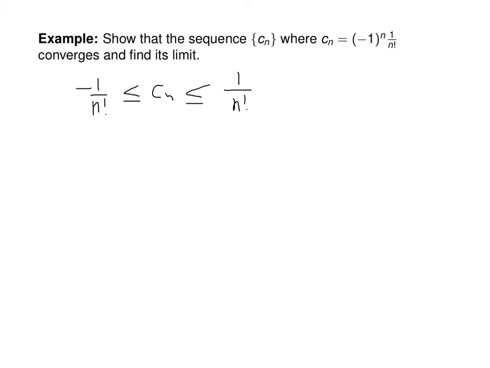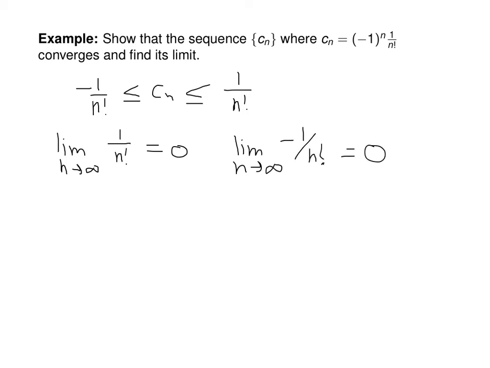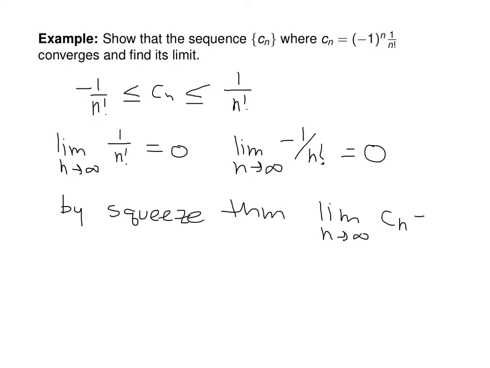And the limit as n goes to infinity of 1 over n factorial is equal to 0, and the limit as n goes to infinity of -1 over n factorial is also 0, and by the squeeze theorem, the limit as n goes to infinity of c sub n must also equal 0.